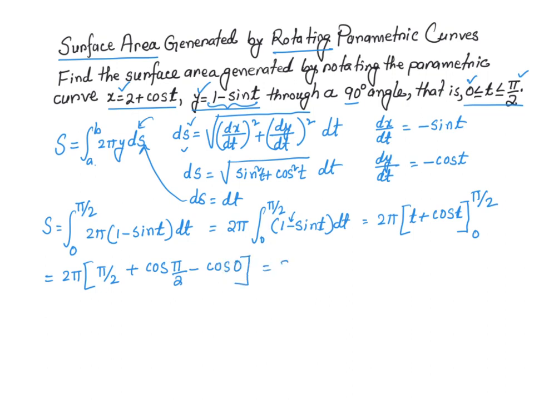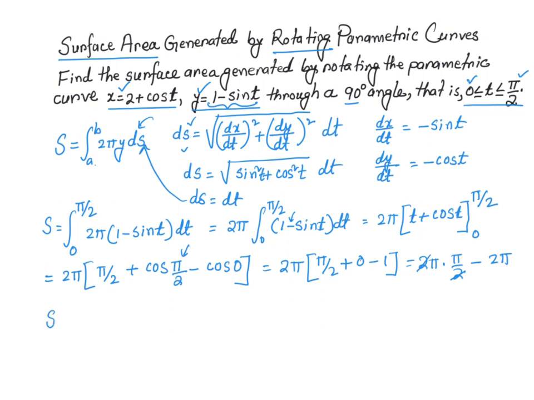Now I can simplify it further to 2 pi times pi over 2 plus cosine of pi over 2, which is, by the way, 0, minus cosine of 0, which is actually 1. So that's going to give me 2 pi times pi over 2 minus 2 pi. That's going to give me pi square minus 2 pi.